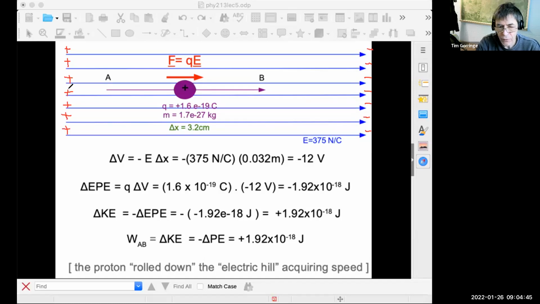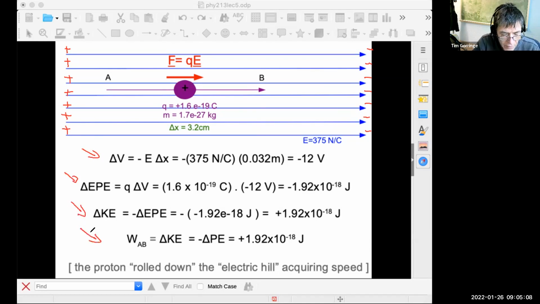Okay, now we've got an idea about the signs of potentials, potential energies, kinetic energies, and work. Let's actually numerically calculate the changes in those four quantities. And that's what these four lines on my slide are.